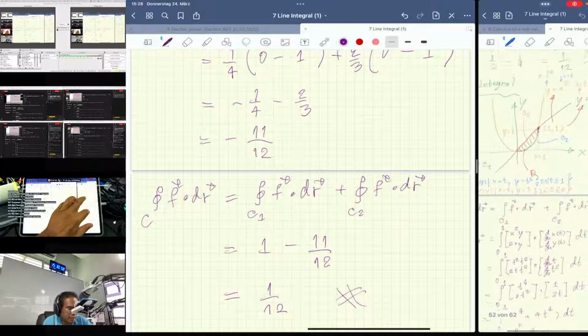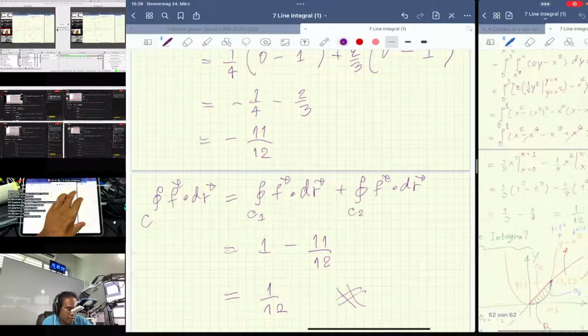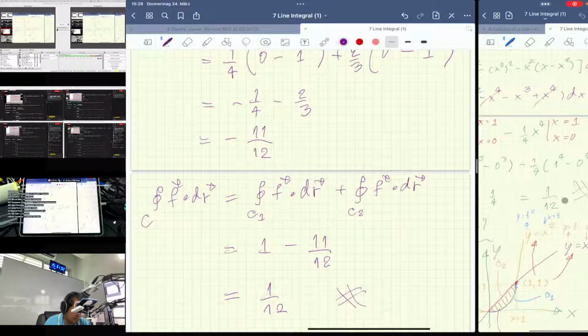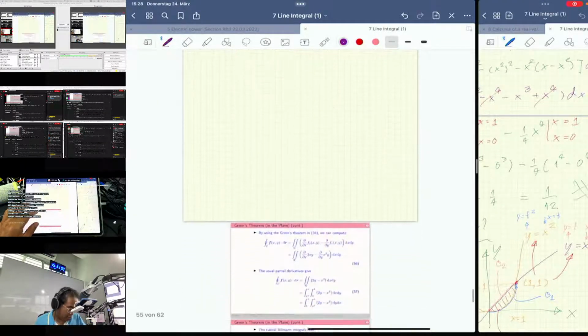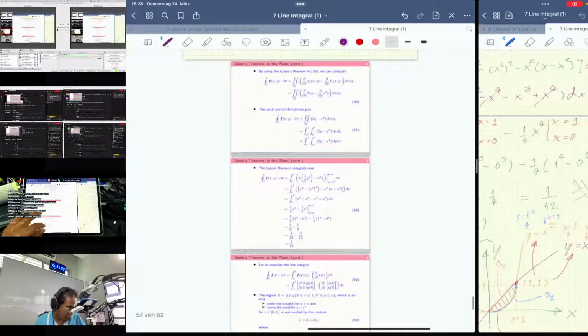That's the same result as from the Green Theorem, 1/12. Okay, that's all for this example, and that's also all for the lecture today.